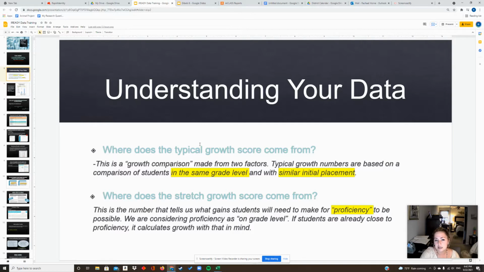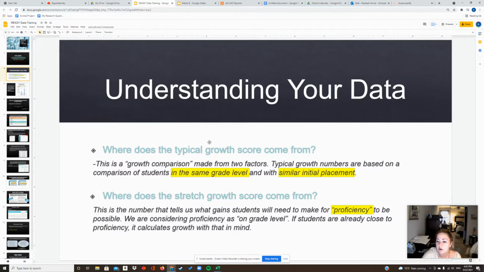So let's first talk about typical growth versus stretch growth. So these I'm sure you're both familiar with, but in terms of talking about the -2 to +2 model, typical growth we're going to think of as being at the zero in the middle of that number line, right? And we know the zero represents what we expect that kid to do within 1 year.